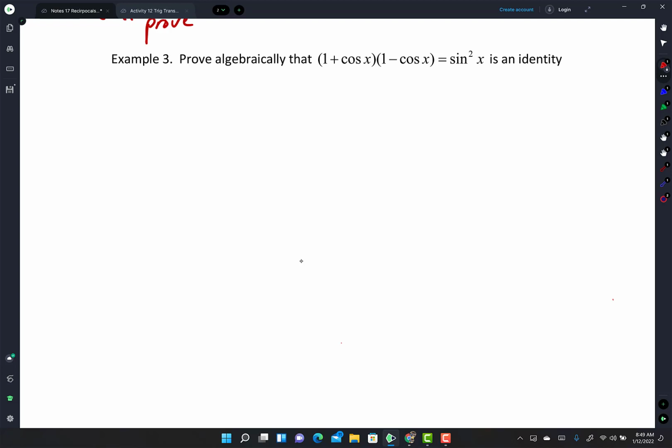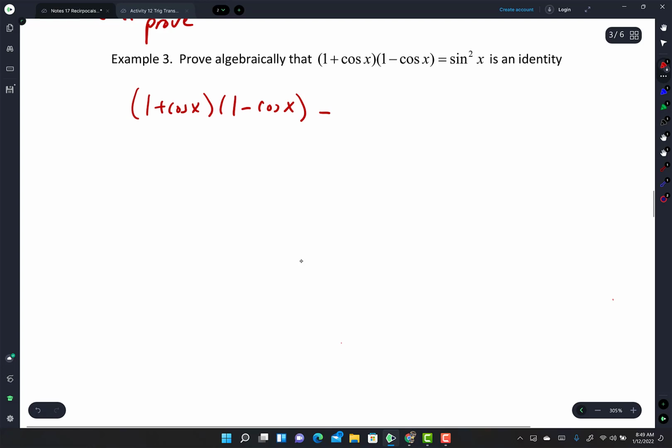Example 3. Prove algebraically that 1 plus cosine x times 1 minus cosine x equals sine squared. Okay. All right, so here comes your skill from Algebra 1. Oh, it's already factored.